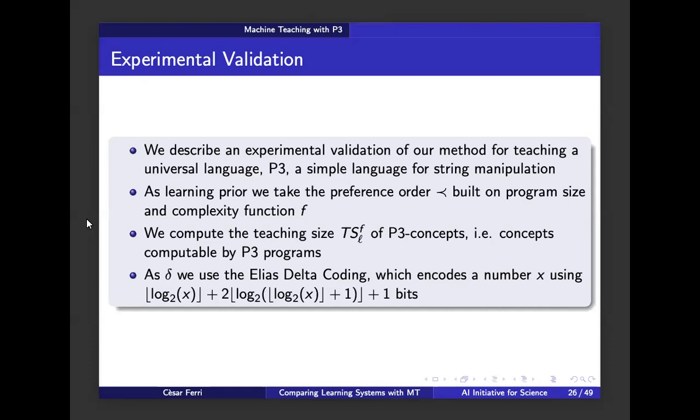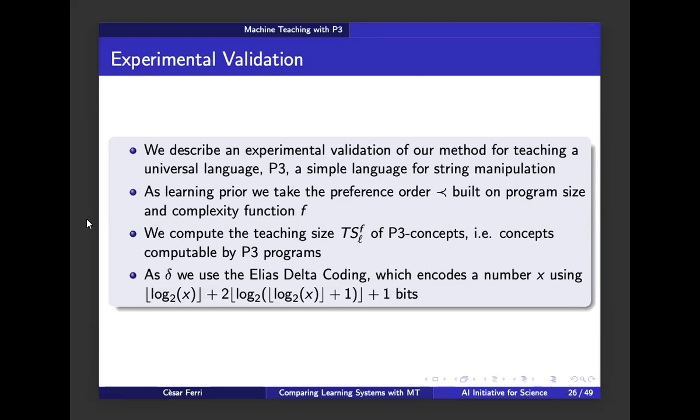So now we put it into practice. How did we do it? We employed a programming language called P3. Probably you don't know it, but if I say Brainfuck, have you heard of it? P3 is based on Brainfuck, and it's a really simple programming language that I will explain a little bit after this slide.